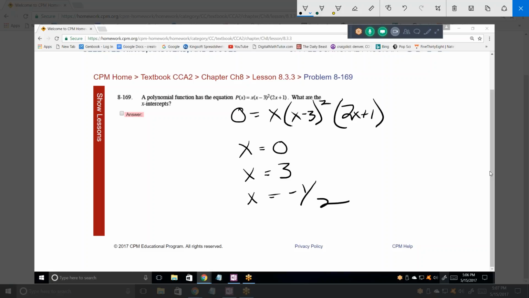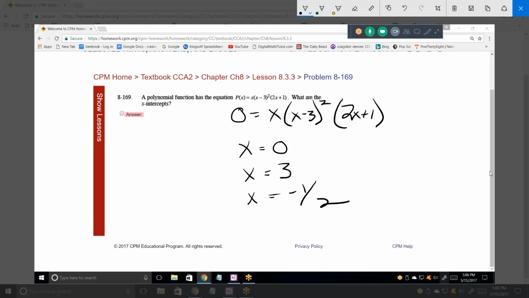Now, I'm looking at a quartic. That's going to be x, that's going to be x squared, that's going to be x. If I were to multiply all three of these together, I would have a quartic, not a cubic, and I would expect 4 solutions. How come it appears I only have 3?